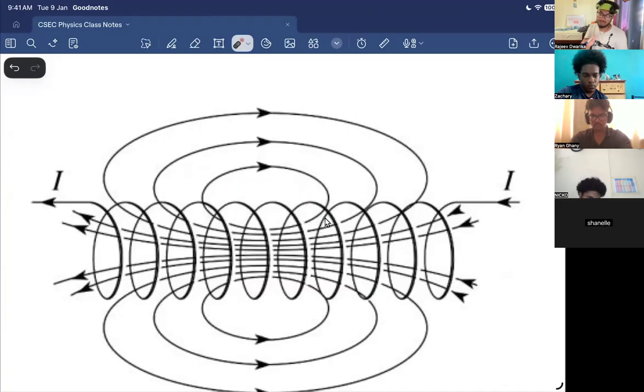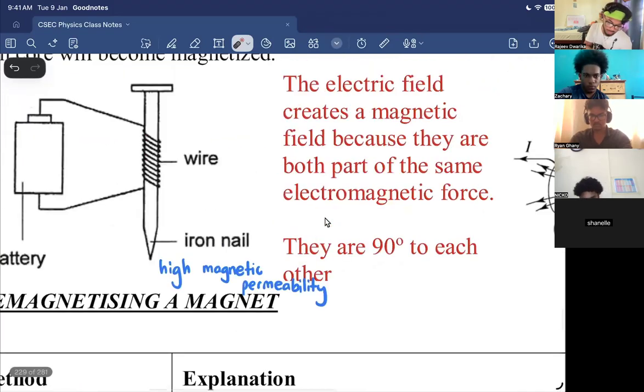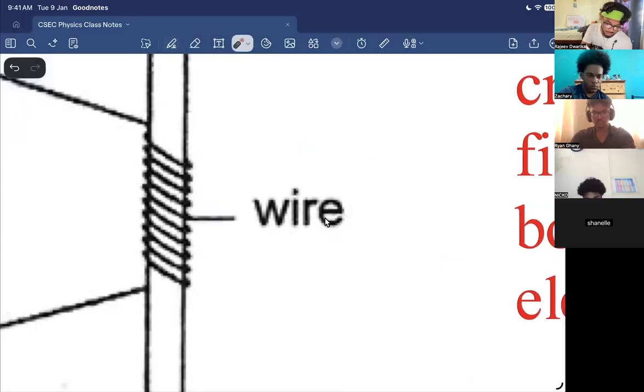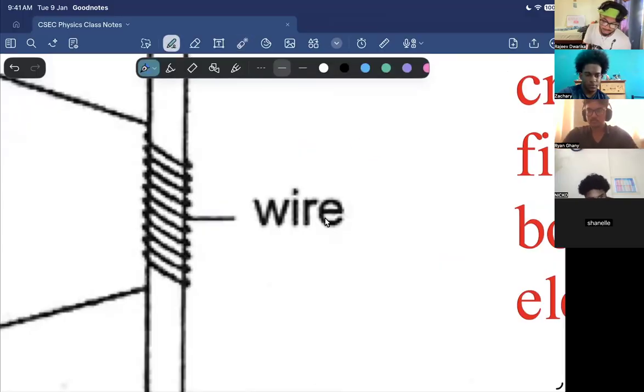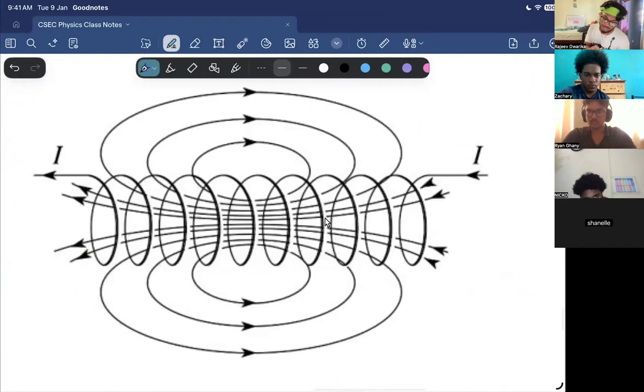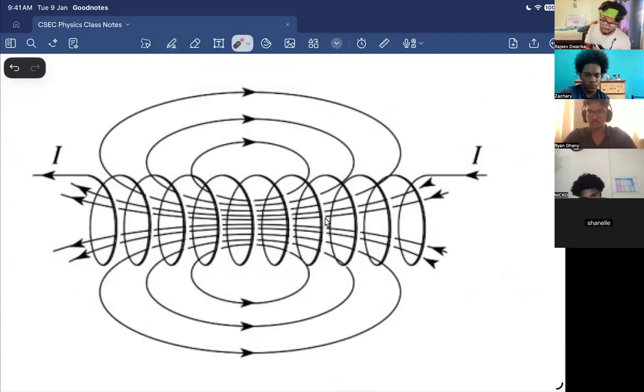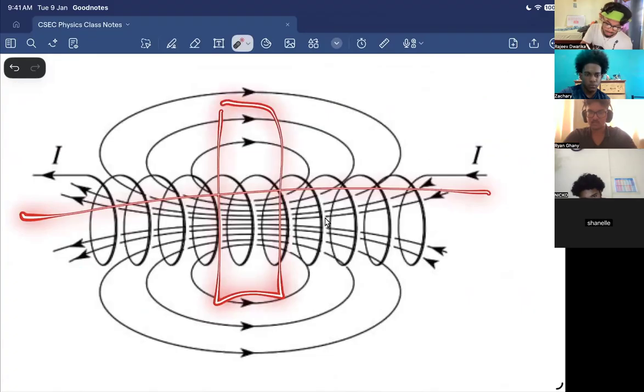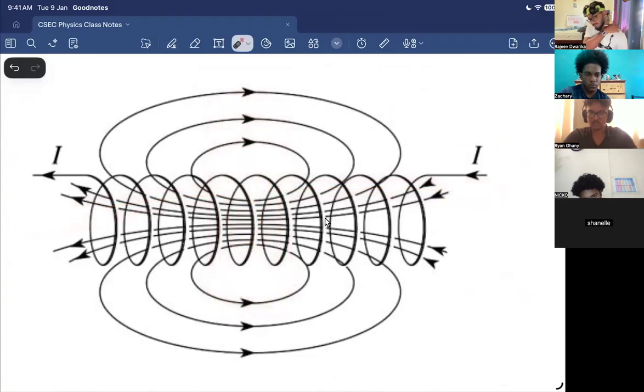Remember I told you the electric field and the magnetic field are always perpendicular, 90 degrees? It's really hard to visualize it here, but essentially this is the current and the magnetic field is on this plane, at a right angle to each other.